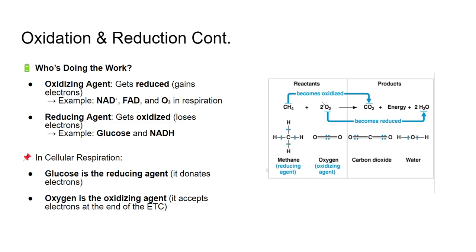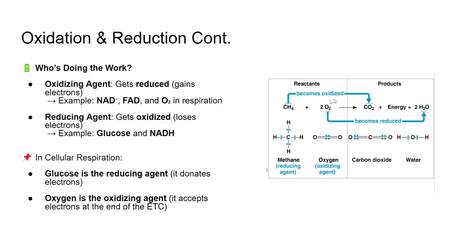And then 2O2, right? If this is the reducing agent, we can't have two reducing agents. 2O2 is going to be considered the oxidizing agent because it has no hydrogens, right? It's wanting electrons. And so we know what's considered reduced, we know what's considered oxidized, and we now know what's considered a reducing agent, and what's considered an oxidizing agent.